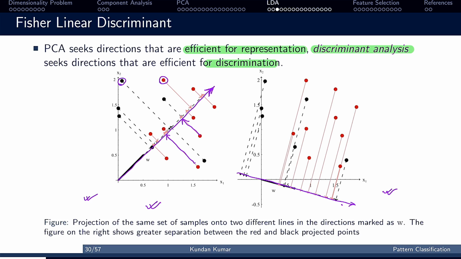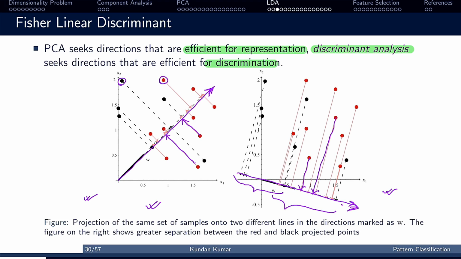On the other hand, the right hand side plot shows the direction of a line passing through the origin. If we project our data points on this line, then the separability of the data points will be maximum in some sense in one dimensional feature space. Here this portion is for class 1 and this portion is for class 2.